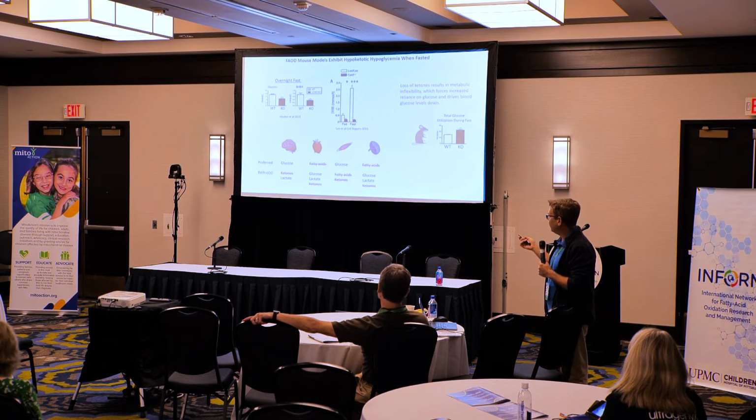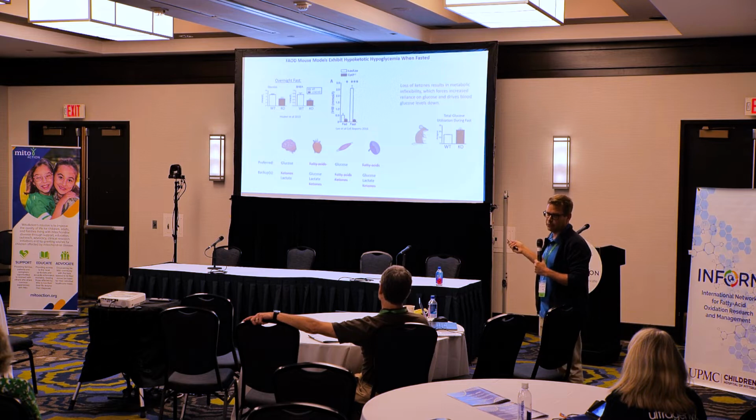And so your brain, your heart, your muscle, they're all looking now for glucose to meet their needs. And that can force this hypoglycemia. This bar graph on the right is showing you actually glucose utilization. So the black bar is the LCAD mouse, and it's using more glucose than its wild type littermate during fasting because of this limited menu.